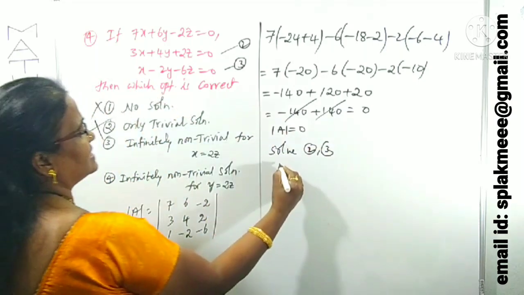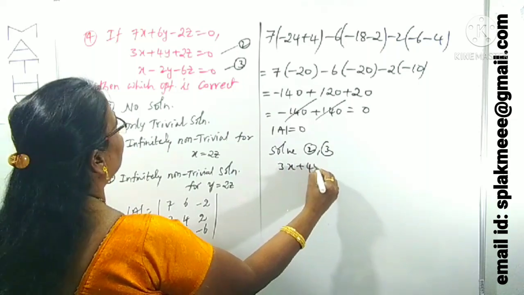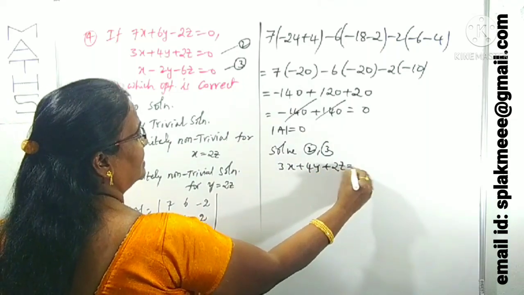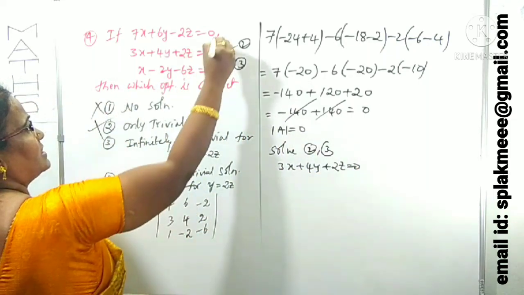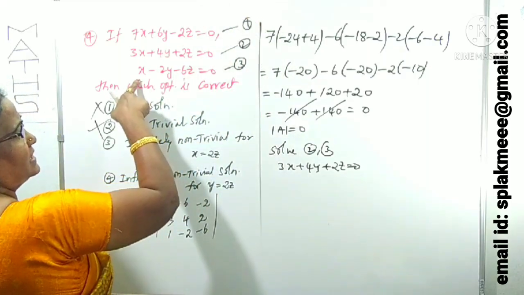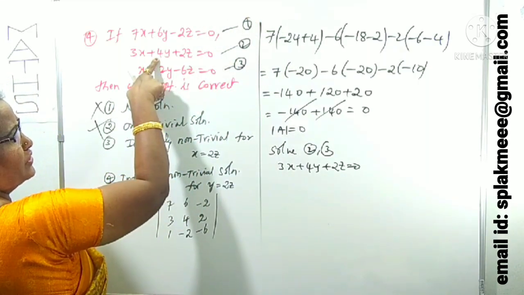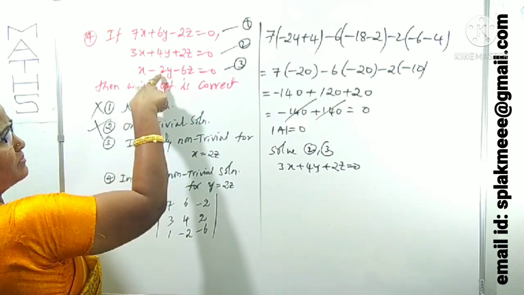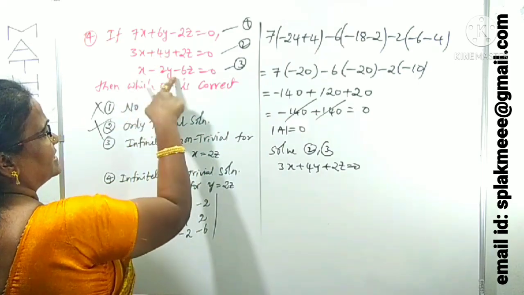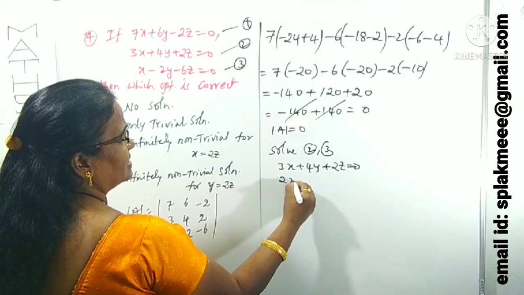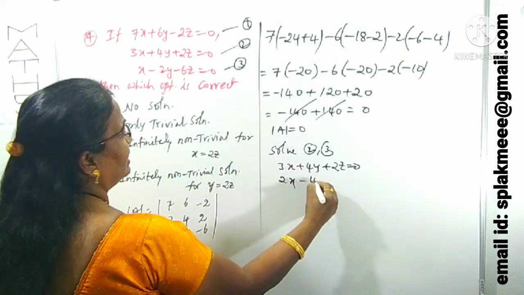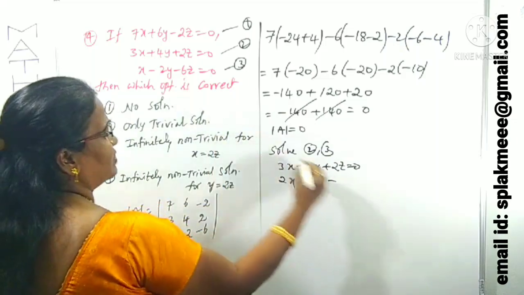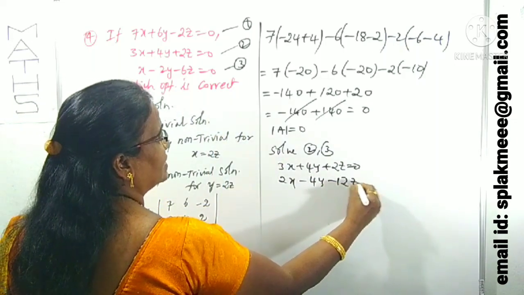Here 3x plus 4y plus 2z is from equation 2. This is equation 3, you can think. This is multiplied by 2 because here 4 is there, here 2 only. To eliminate the y, the coefficient must also be 4. That is why we multiply this by 2. That is 2x minus 4y minus 12z equals 0.